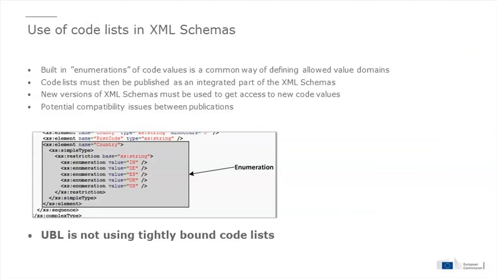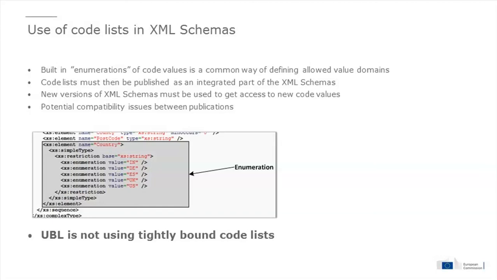So the code list is then published as an integrated part of the XML schema. It has benefits and it has some drawbacks. If you add a new code, you would have to issue a new schema, and there are compatibility issues between publications. That's a challenge.